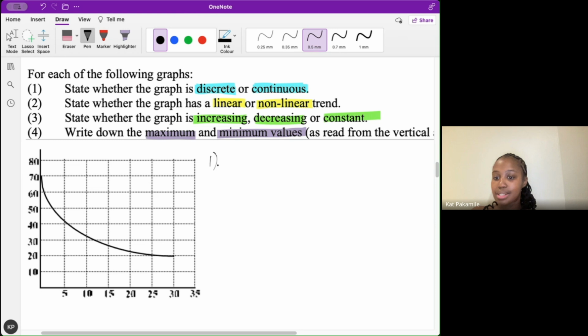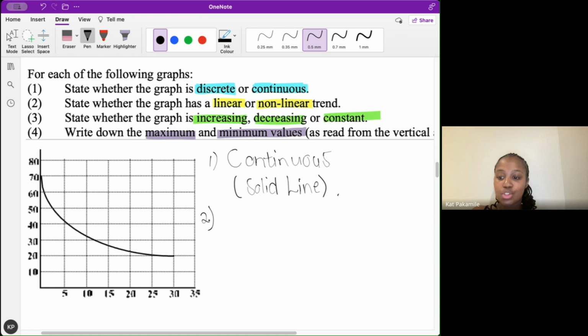What is my reasoning? Spy says it's continuous, and I agree. It is continuous. Nice, Mavis, because it is a solid line.